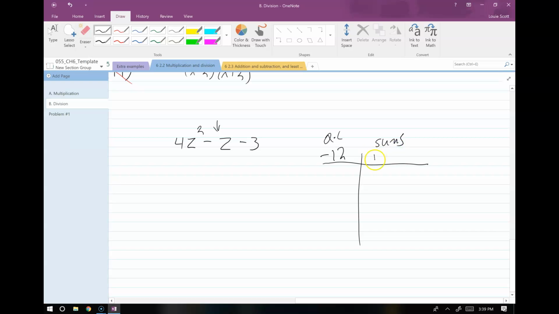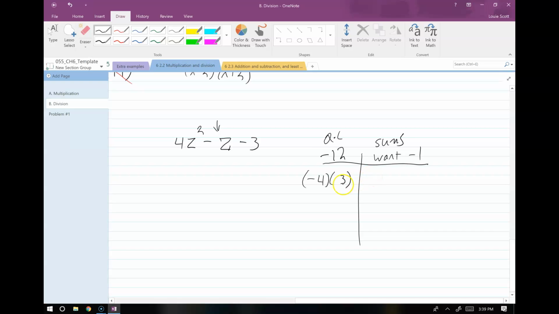Right over here are my sums, and I want negative 1. All right, so sure, I could try 6 and 2, but I know that's not it. I know that two factors of 12 that differ by 1 are 4 and 3. And if I want negative 1 in the end, I have to put the negative on the 4.